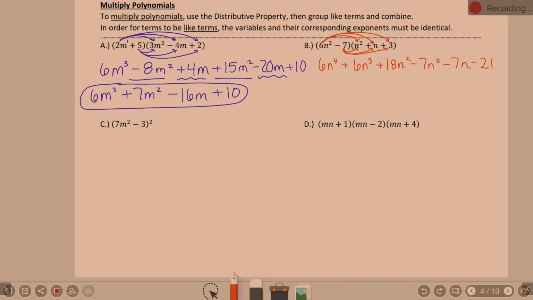The 18n squared and the -7n squared. So we're still going to have 6n to the fourth plus 6n to the third. 18 minus 7 is going to be 11n squared minus 7n minus 21. Good.